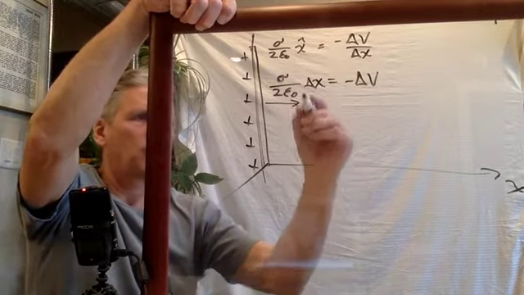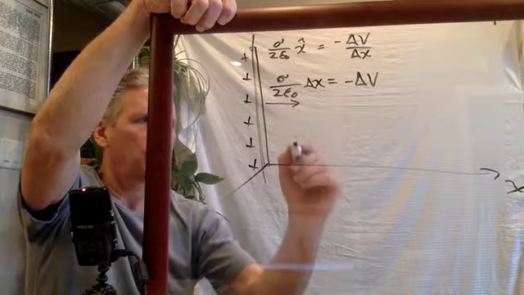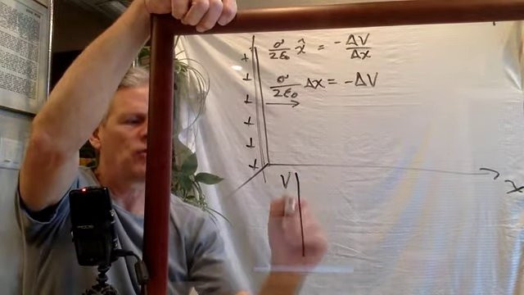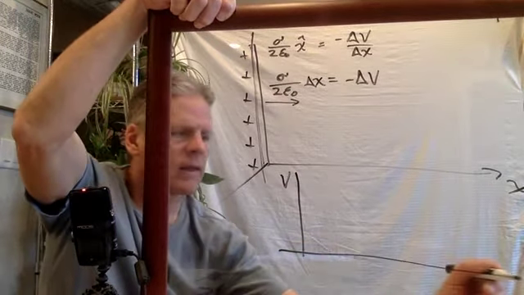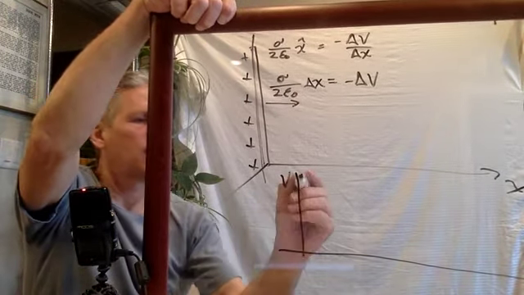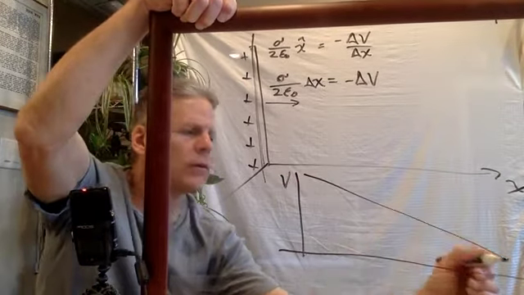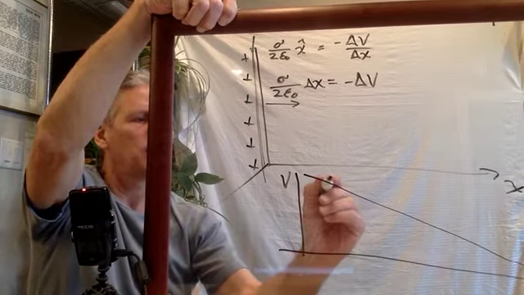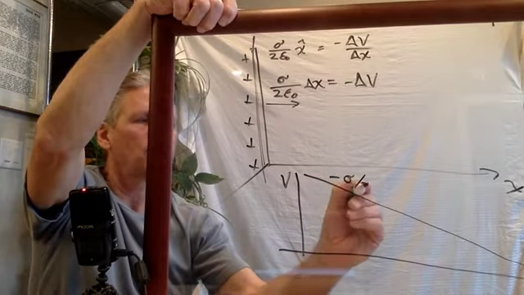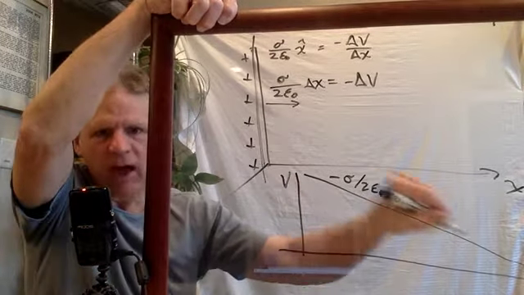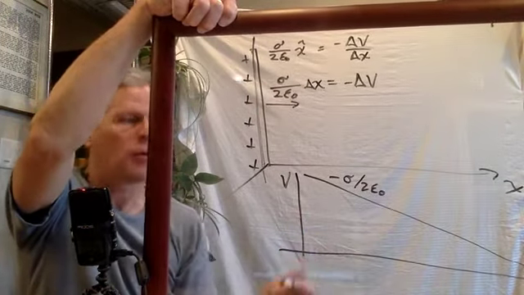That means that if I were to plot what this looks like versus distance, I would have a voltage that goes in this direction, and the slope of this is going to be minus sigma over 2 epsilon 0. And the minus just means it's a downward sloping line instead of an upward sloping line.